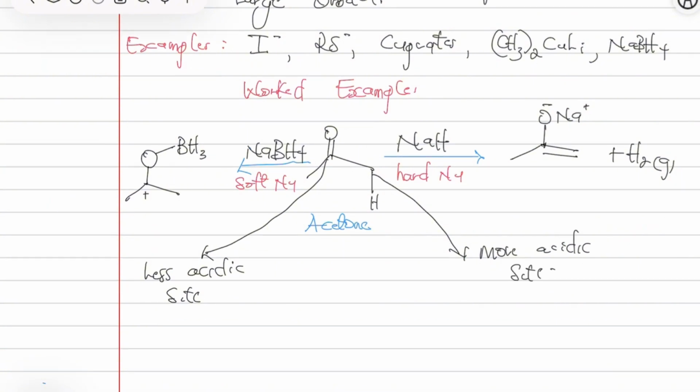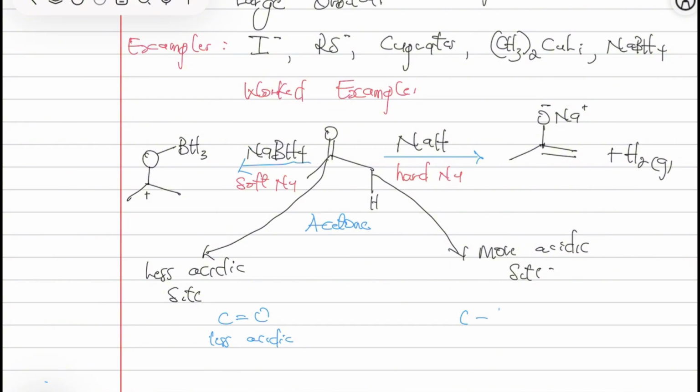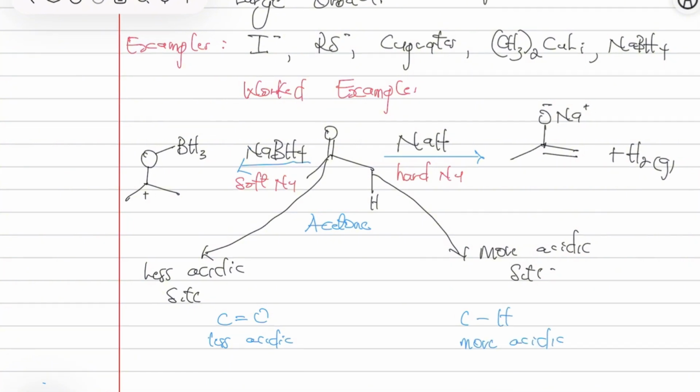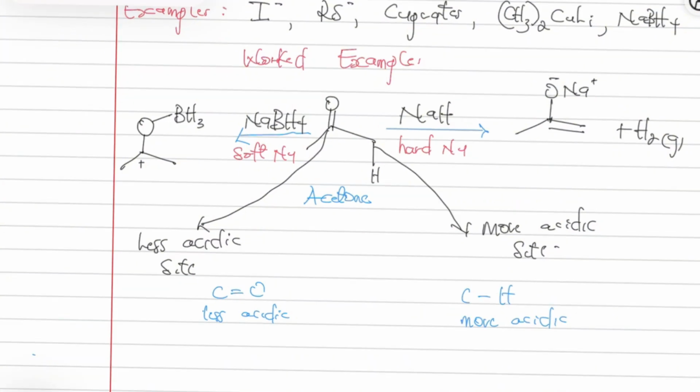The soft nucleophile will react in the less acidic side, which is the CO double bond. This is where the soft nucleophile will attack, while the hard nucleophile will react in the more acidic side, the site where we have the acidic hydrogen. Having the knowledge of the less acidic side and more acidic side is very beneficial.